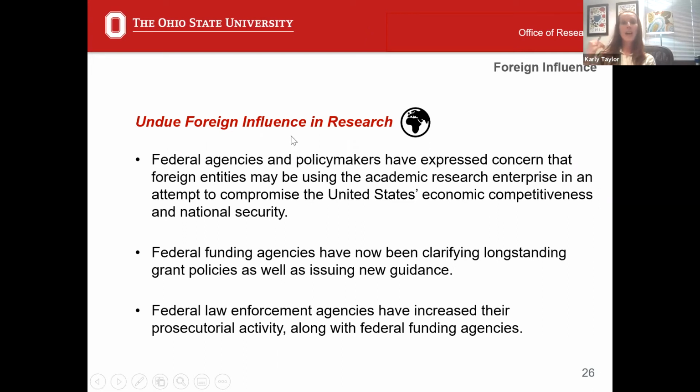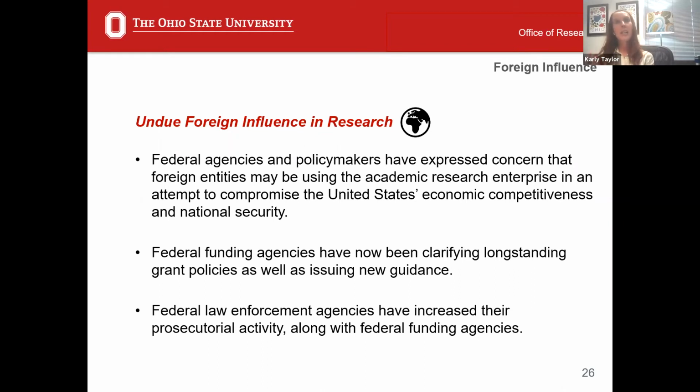But they're just kind of coming forward the past few years to really say, hey guys, just remember, we have these expectations. And then we're seeing other agencies, for example NIH, implement maybe some new requirements coming up. And also, if you read the papers, you're seeing a lot more federal law enforcement prosecuting these cases, along with federal funding agencies.